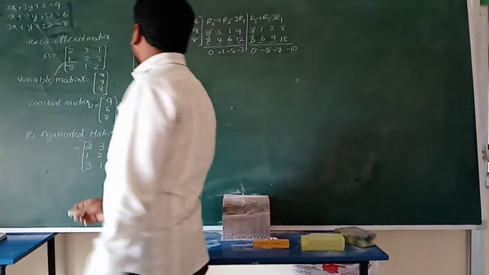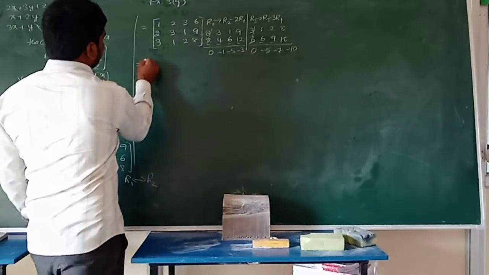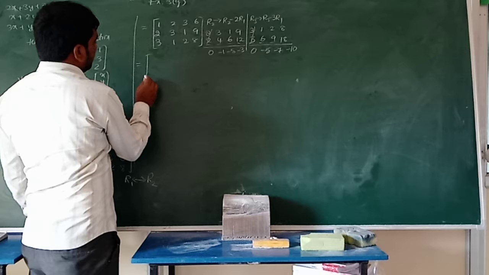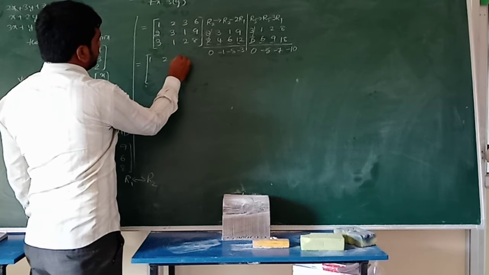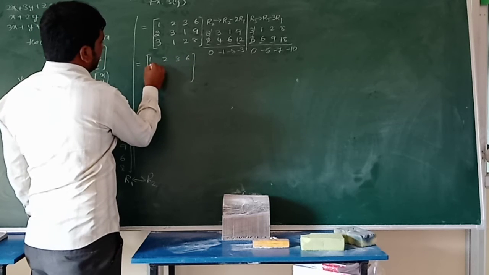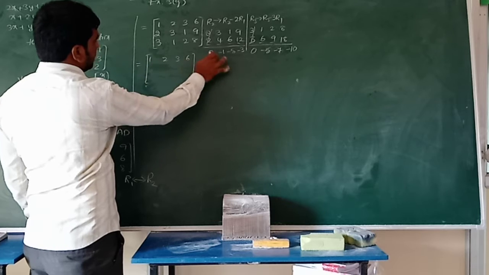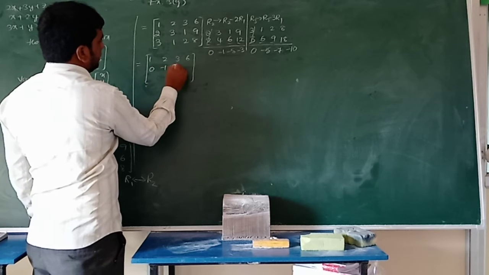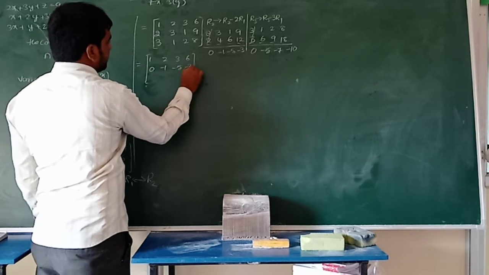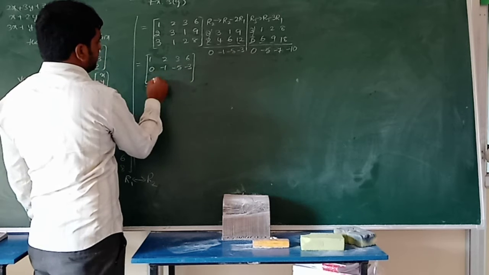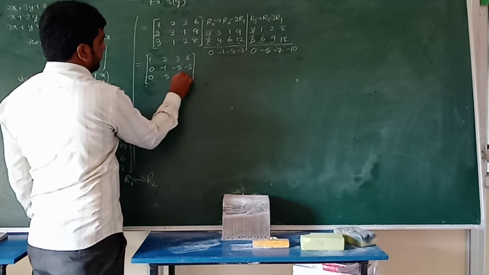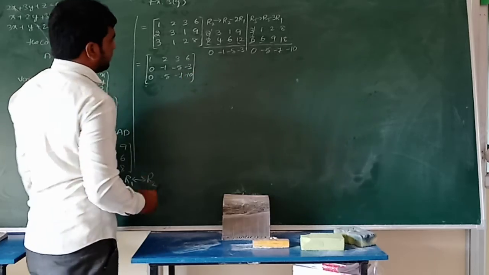Now the matrix is 1 2 3 6, R2 is 0 minus 1 minus 5 minus 3, and R3 is 0 minus 5 minus 7 minus 10.